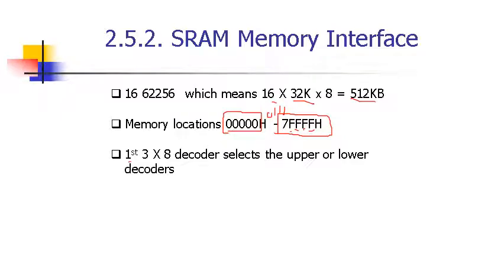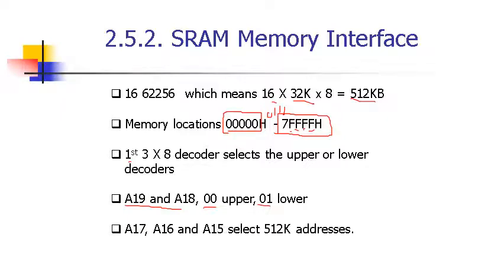The first 3 to 8 decoder selects upper or lower decoders. When you go to upper or lower decoders, you use these 2 bits, 00 for the upper, 01 for the lower, and these are used to select the different addresses depending on which one is active. If this is active, they are used to get access to a memory location from any of the 8 different chips connected to your system, but the upper ones.